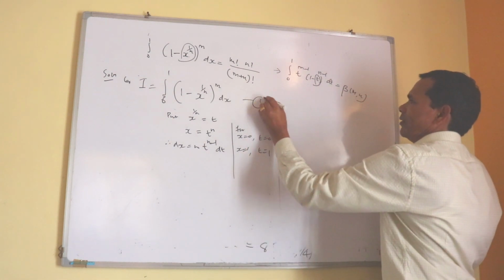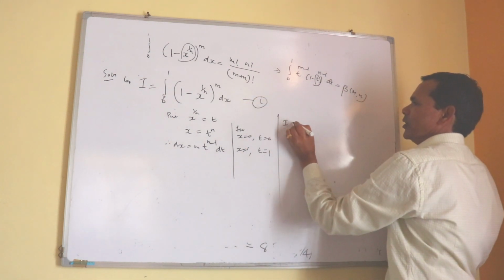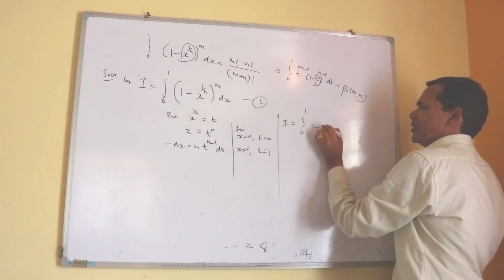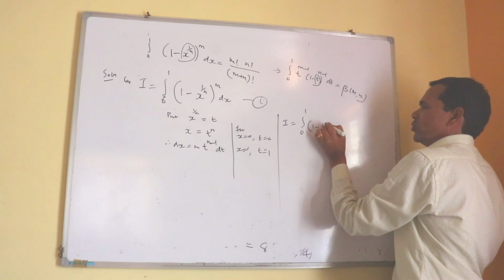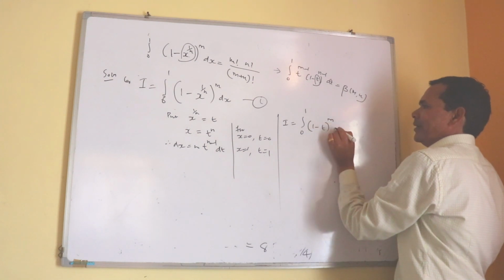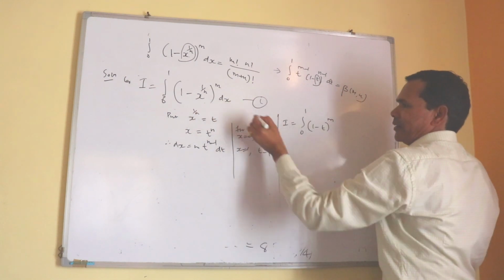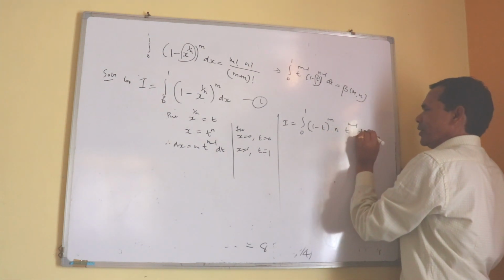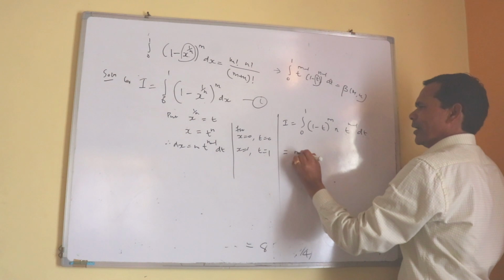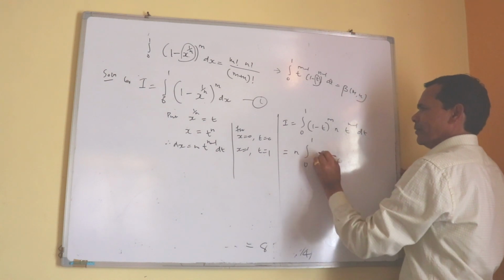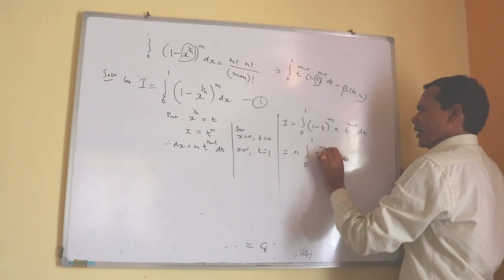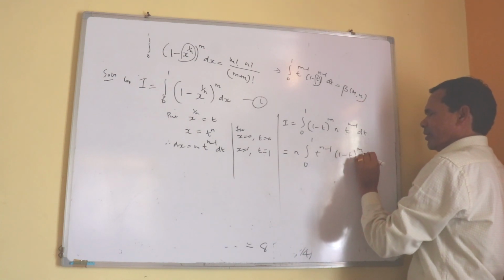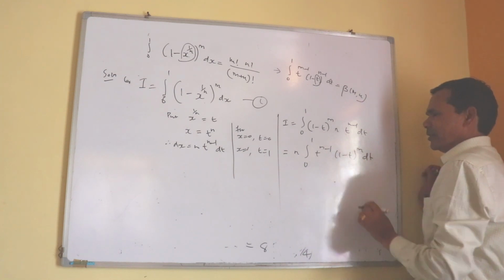So this integral gets transformed to the form 0 to 1, 1 minus t bracket raised to m, dx, where dx is n into t raised to n minus 1 dt. I take this n outside: 0 to 1, t raised to n minus 1, 1 minus t raised to m, into dt.